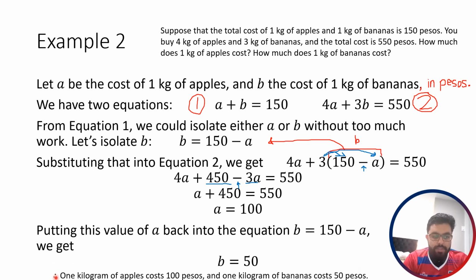Those 3 dots on the left side mean therefore, which basically means as a result, we can see that 1 kilogram of apples costs 100 pesos and 1 kilogram of bananas costs 50 pesos.